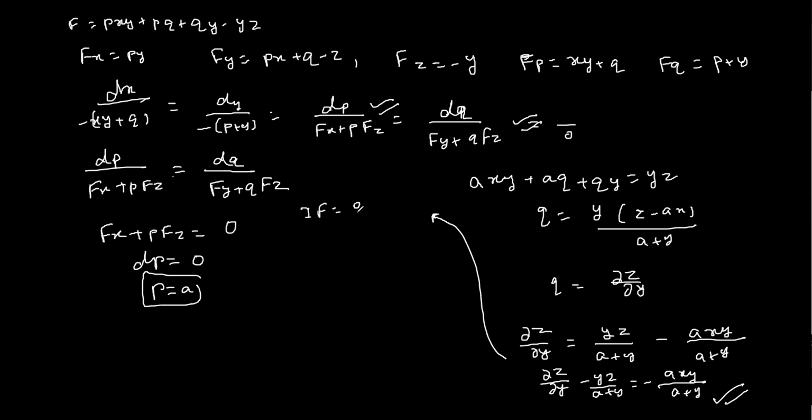What is integrating factor? e raised to minus y upon a plus y dy, and when you simplify this, you will get a plus y raised to a, e raised to minus y.